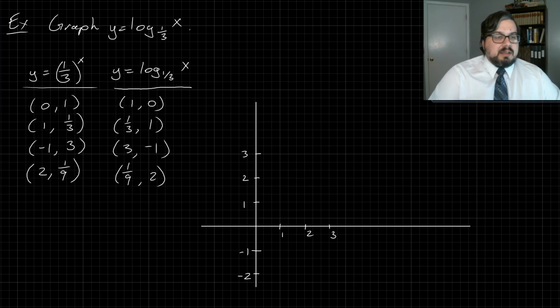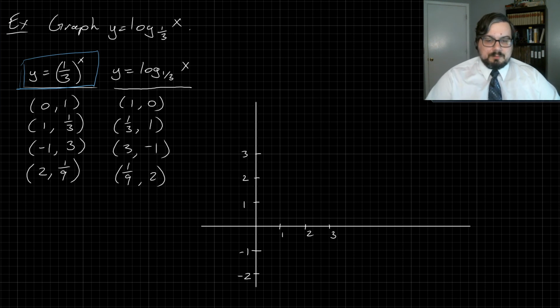All right, once again, we'll graph the exponential in blue. We have the points (0, 1), (1, 1/3), (-1, 3). There's that point way up there. And (2, 1/9), so that's going to be very close to the x-axis.